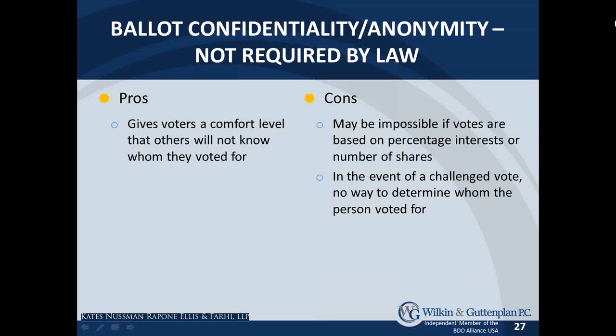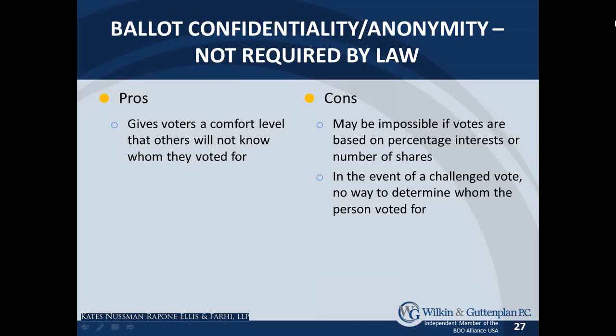And the other reason why it's difficult is that if there was an election challenge, and, for example, it comes down to one vote, it's the closest election in history, it comes down to one vote or 2 votes, and the board and someone says, these 2 people were not in good standing. And the court says, yeah, you know what, they weren't. Which ballots do you disqualify? You don't know who voted for who. And you throw the whole election in disarray, and maybe it becomes invalidated, where if you had a way to track who voted for who, you may not have that problem.